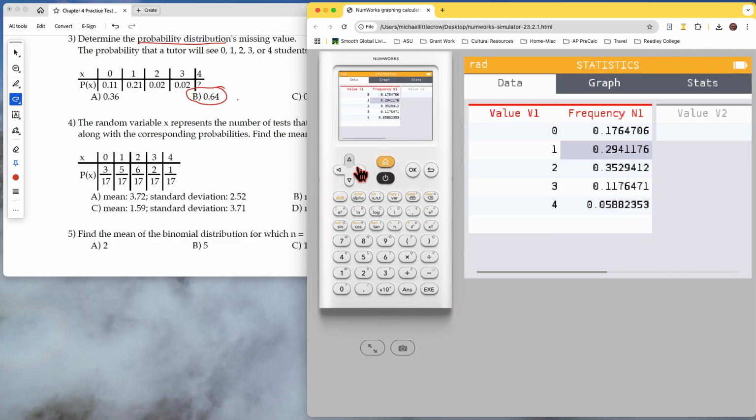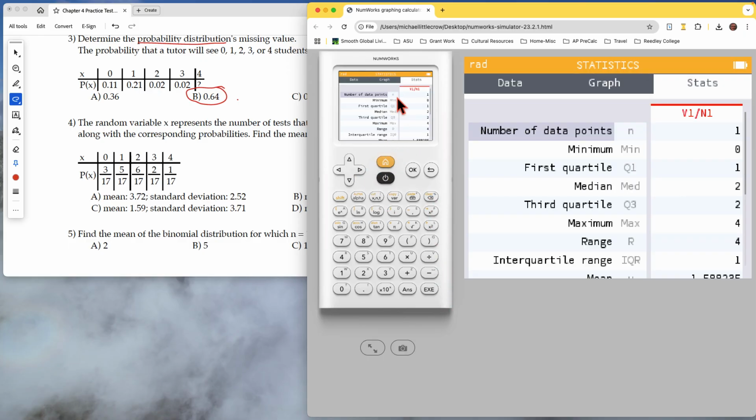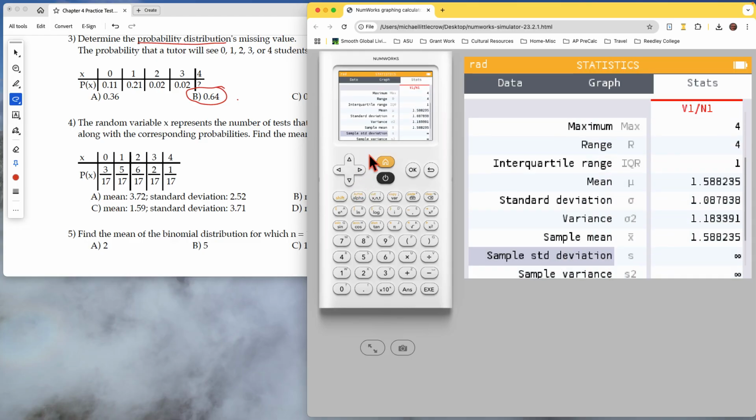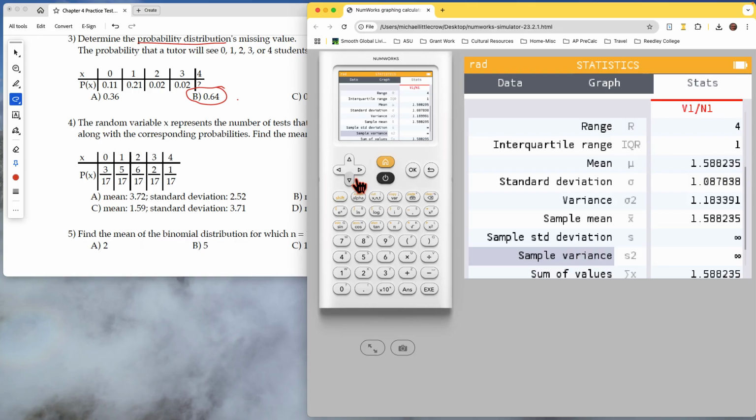Now if we arrow up, we can go over to the statistics or the stats part. We'll hit enter, and it calculates everything for us. Now the thing is there's 2 standard deviations, right?